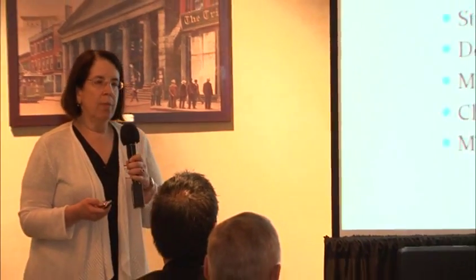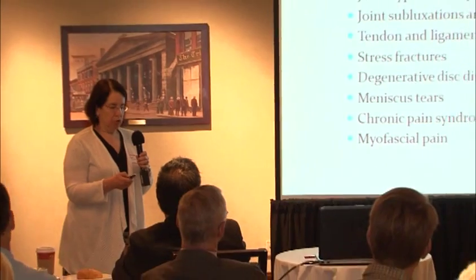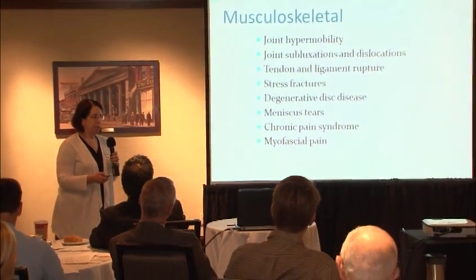We see a lot of degenerative disc disease, even in teenage children. We start seeing degenerative disc disease at an incredibly young age. Meniscal tears, chronic pain syndrome, which is obviously why we're all here today, and the issue of myofascial pain, which can be a major contributor to chronic pain.